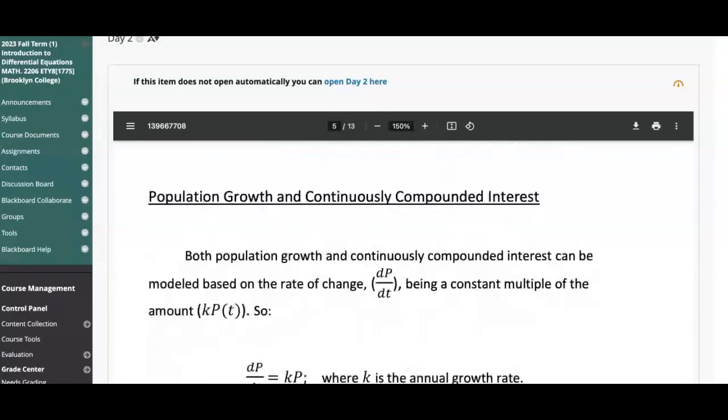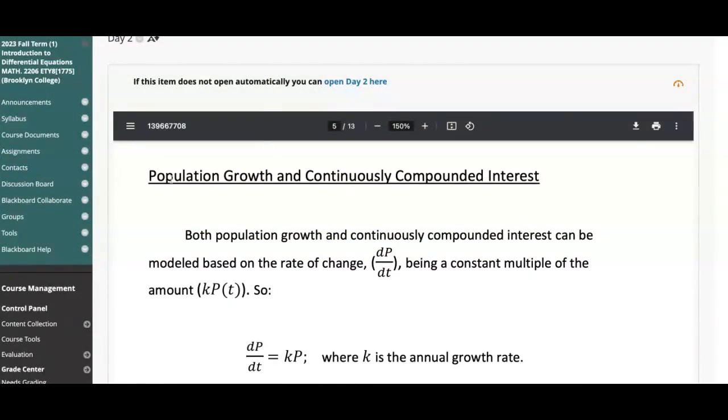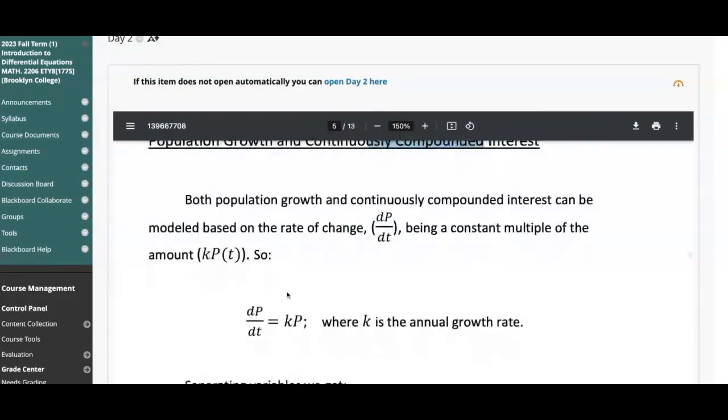Okay, let's see how we use this in life applications. Population growth or continuous compound interest can be modeled with this rate of change, dp over dt equals k times p of t.